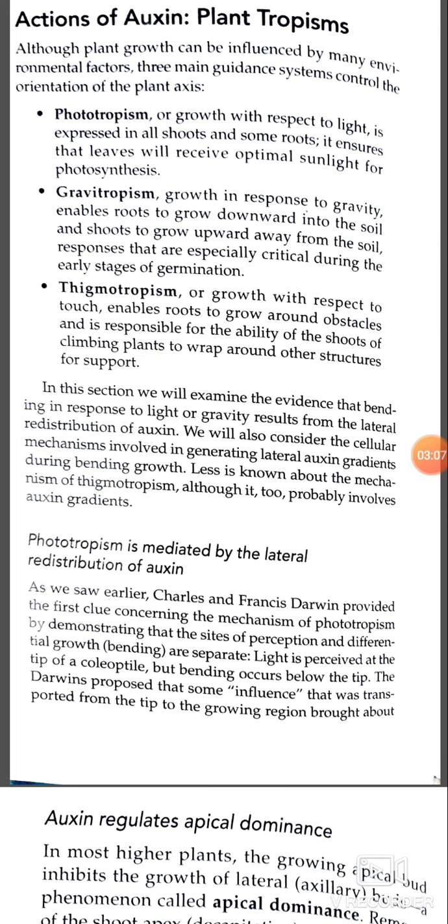Charles and Francis Darwin provided the first clue concerning the mechanism of phototropism by demonstrating that the sites of perception and differential growth bending are separate. Light is perceived at the tip of a coleoptile, but bending occurs below the tip. Darwin proposed that some influence was transported from the tip to the growing region.